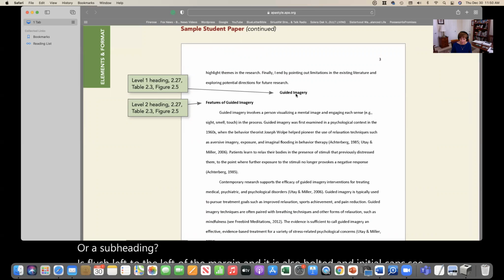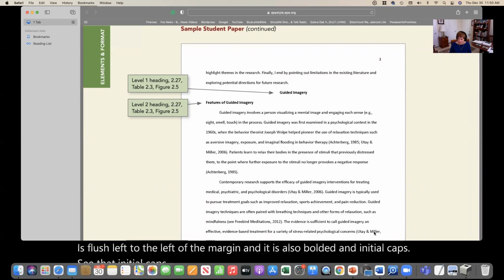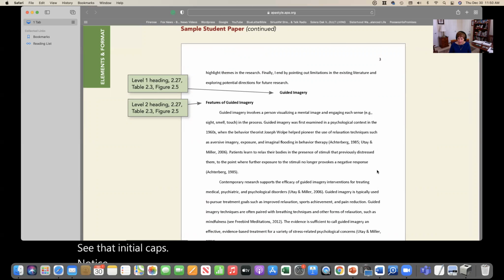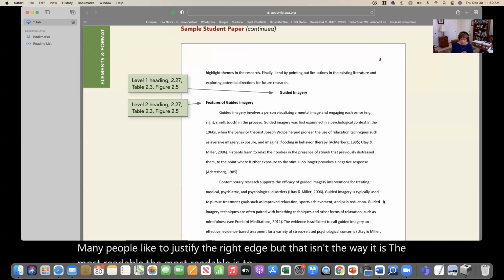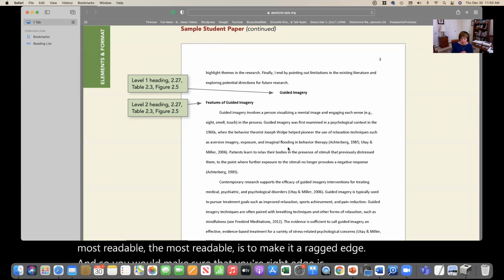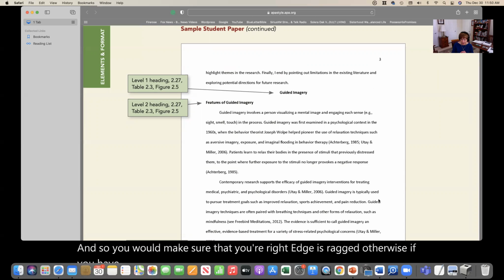See that? Initial caps. Now notice the right edge. Many people like to justify the right edge, but that isn't the most readable. The most readable is to make it a ragged edge. And so you would make sure that your right edge is ragged. Otherwise, if you have it justified on the right-hand side, the spacing gets all mixed up and it's harder to read.